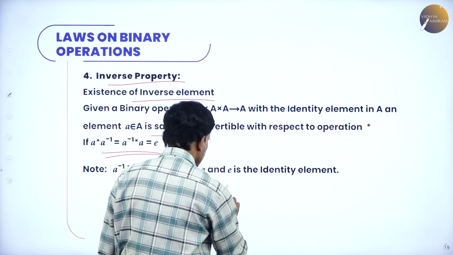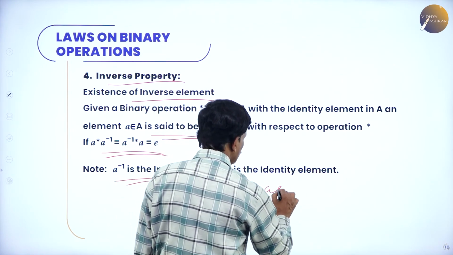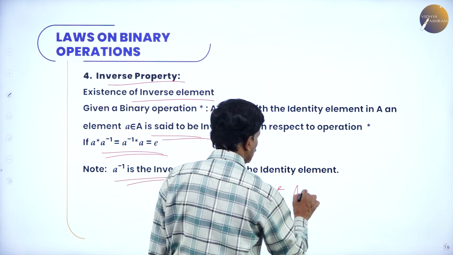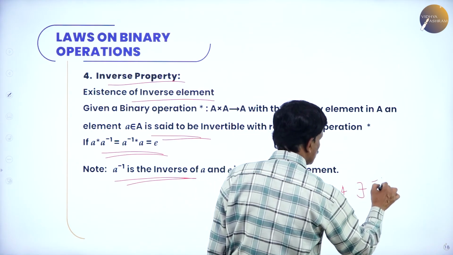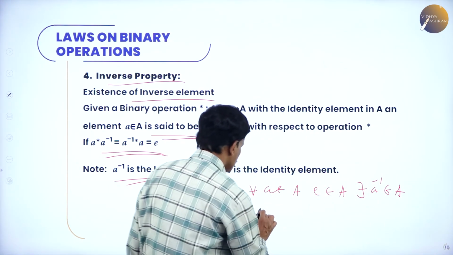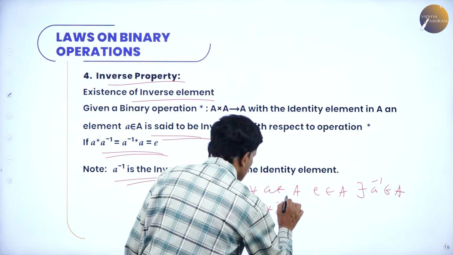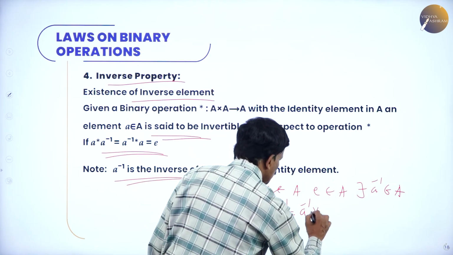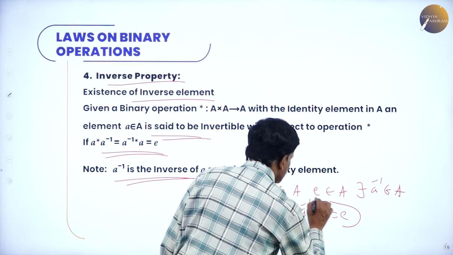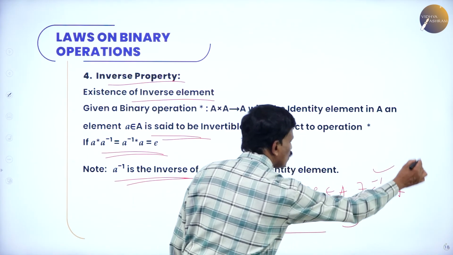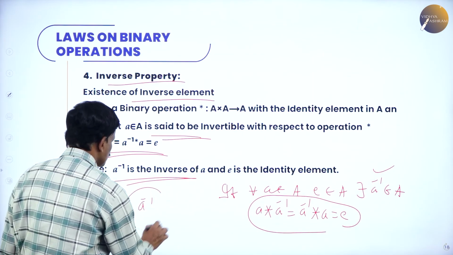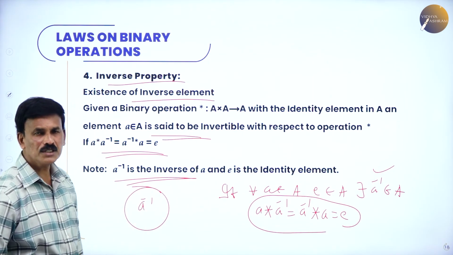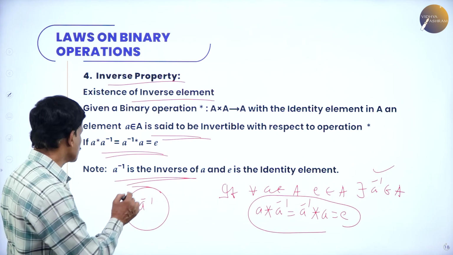That is, if for all A belongs to the set A and E belongs to A, there exists A inverse belongs to A such that A star A inverse is equal to A inverse star A is equal to E, then this is called the inverse of A. Okay, the inverse is denoted like this.